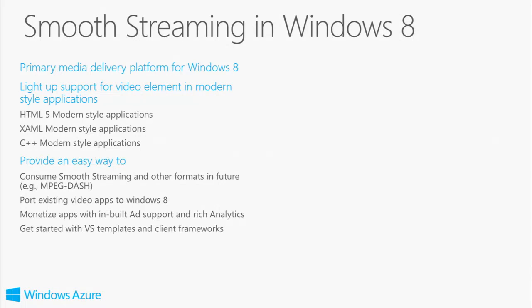And smooth streaming provides an easy way for you to consume, and also some other formats in the future such as MPEG-Dash. And also, as I mentioned, if you try to build a XAML application, that's more of a porting experience.